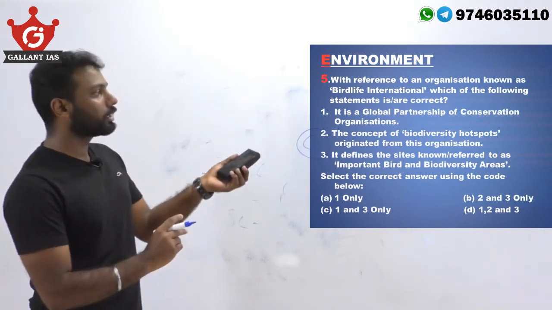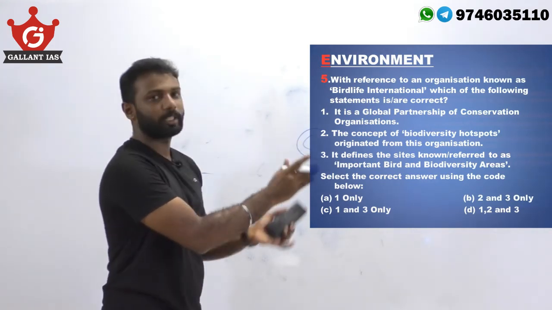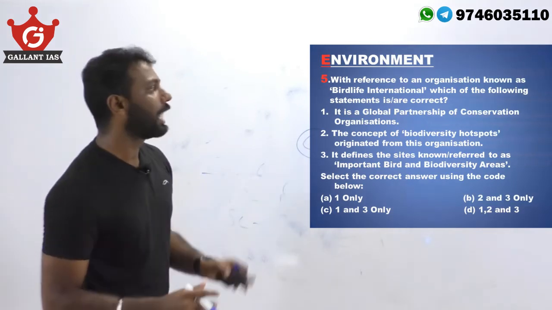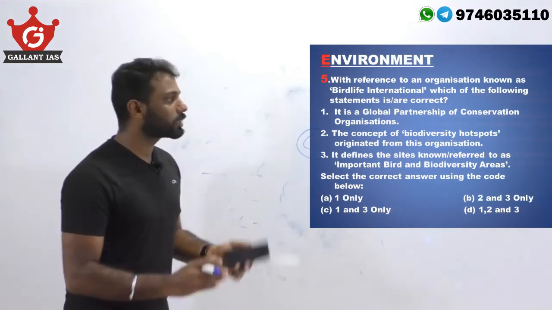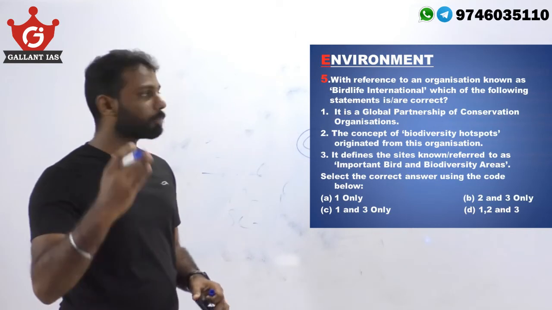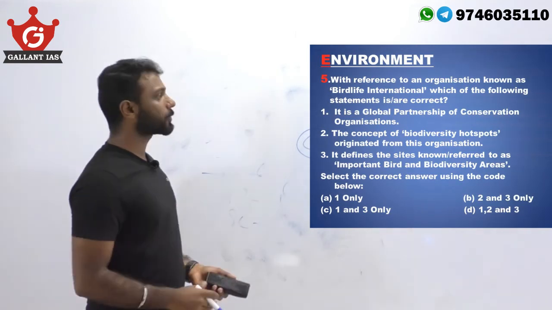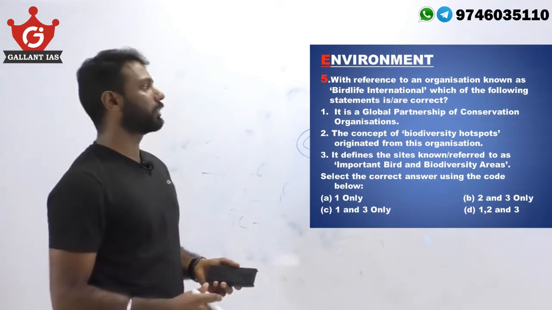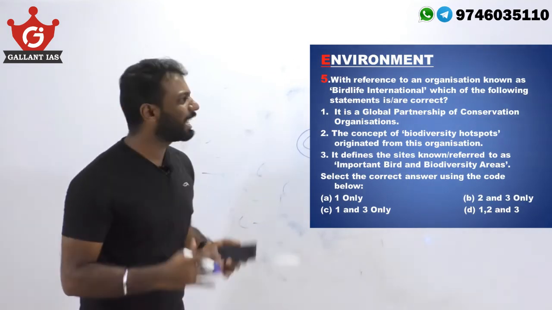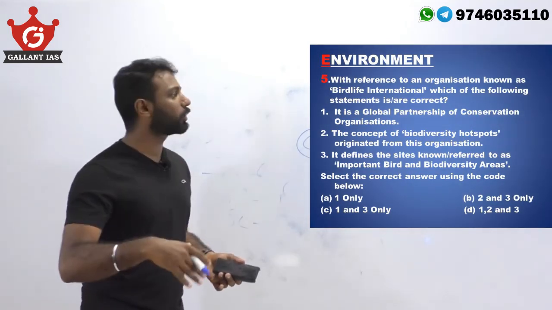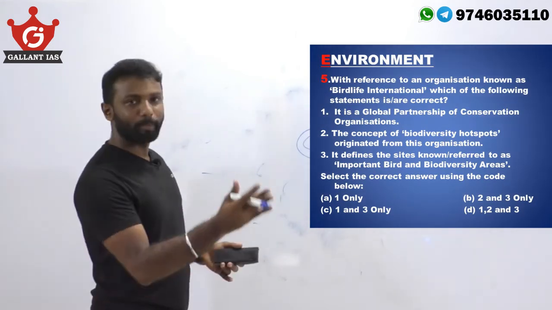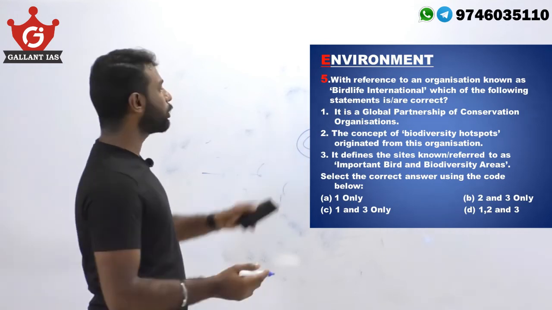So regarding the term biodiversity hotspot, that's statement number 2. The concept of biodiversity hotspot originated from this organization. Actually, it is not. Because the concept of biodiversity hotspot was coined by Norman Myers, a biologist. Actually, a biodiversity hotspot is a geographical region which has high biodiversity and is being destroyed or degraded due to human interactions. So such kinds of spots are located and mapped. So in India, we have 4 biodiversity hotspots.